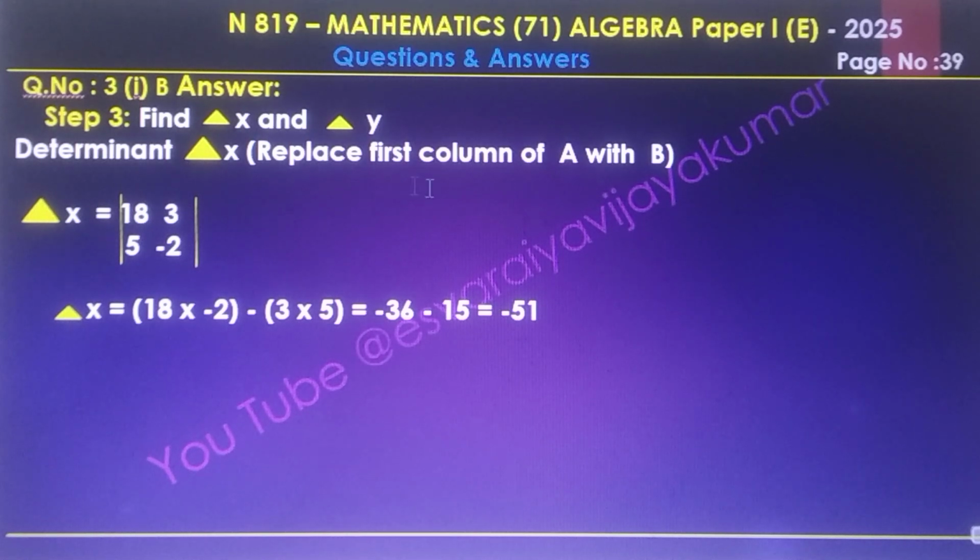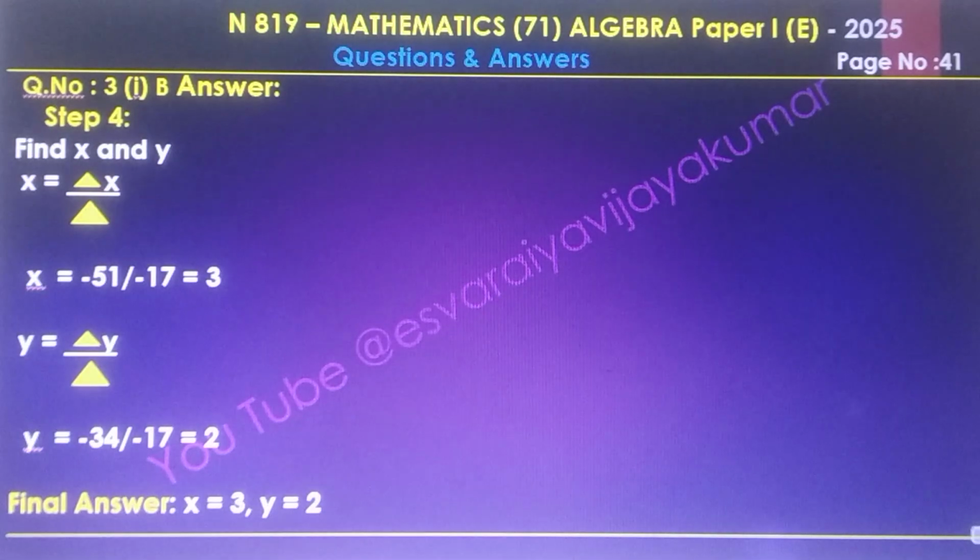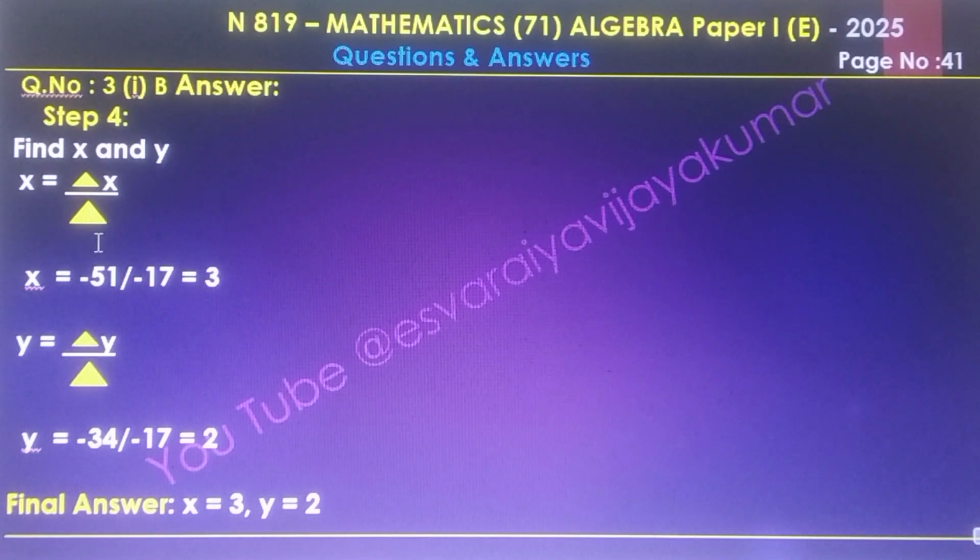The same way, replace the first column of A with B. For determinant delta y, replace the second column of A with B, and we are getting minus 34. Now find x and y: x equal to delta x by delta and y equal to delta y by delta.